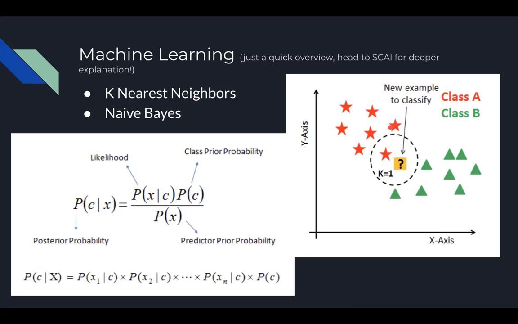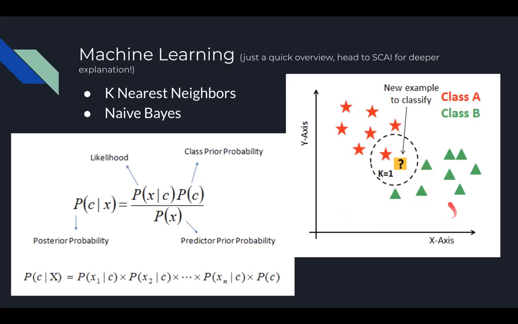Out of those 5, 2 of them are going to be oranges and 3 are going to be apples. Because of that, we'll say this new example should be an apple, because 3 out of the 5 closest neighbors are apples. Whereas if we pick a k of 1, then the one nearest neighbor is an orange, so we would classify it as an orange in that case.